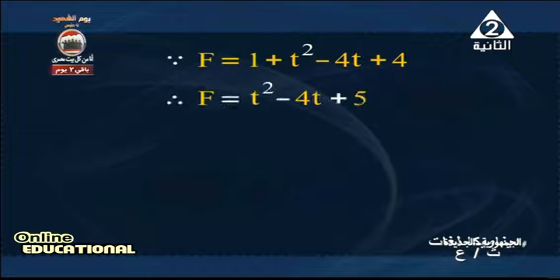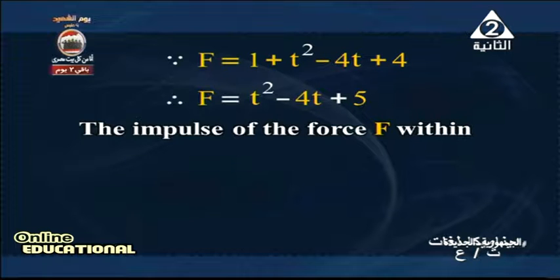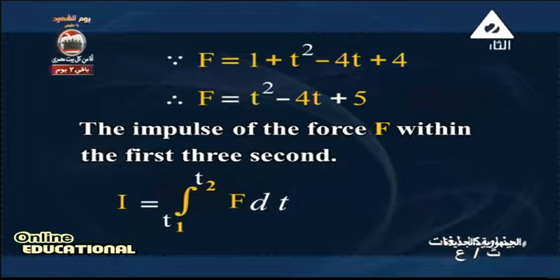Then the force F equals t power 2 minus 4t plus 5. Now, what is the impulse of the force F within the first 3 seconds? I equals the integral of F dt from t1 to t2.